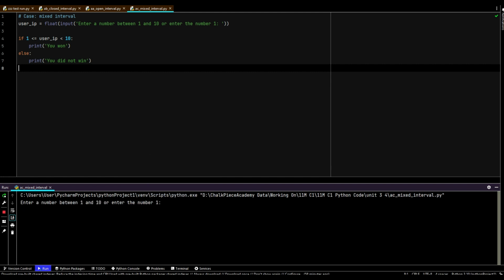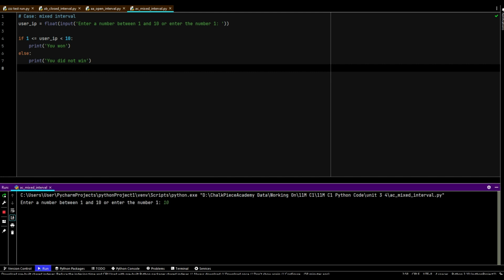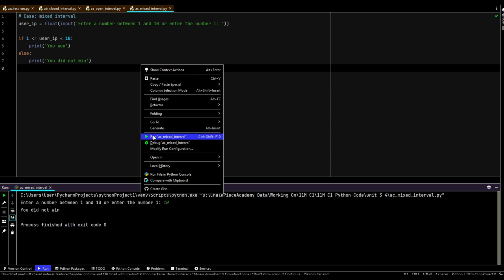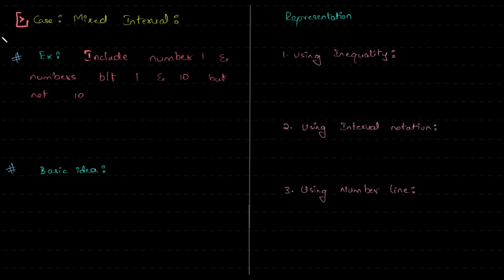Enter a number between 1 and 10 or the number 1. If I enter 6, I will win. If I enter the number 10, I will not win. If I enter 0.39 or 99999, I will not win, right? You got the gist, right? If I enter 1, then I will win, but not 10. So the basic idea is include at one end, but not at the other end. That's your mixed. We can include at any end actually.